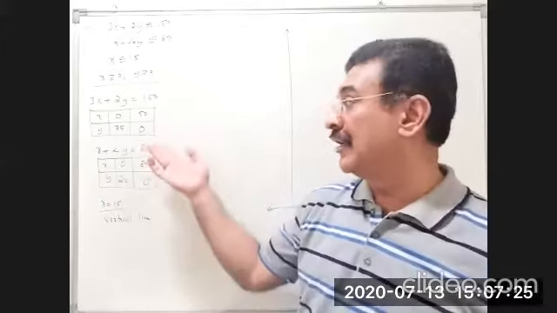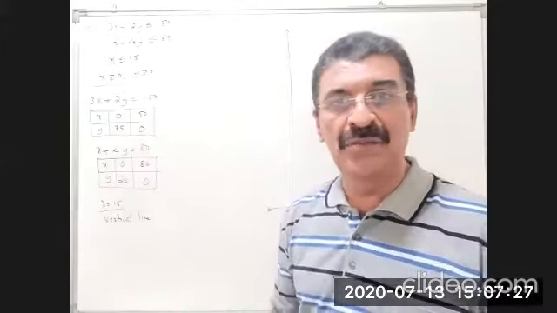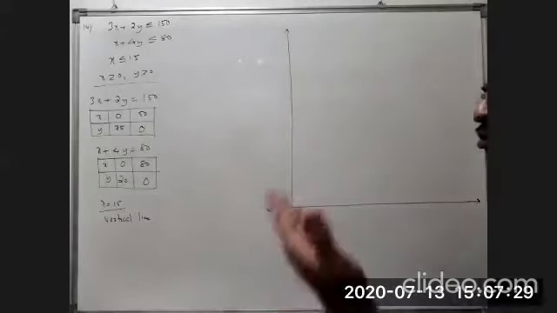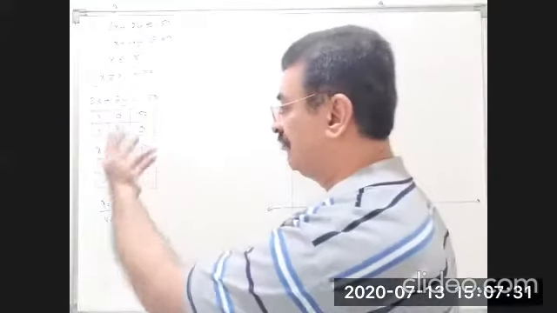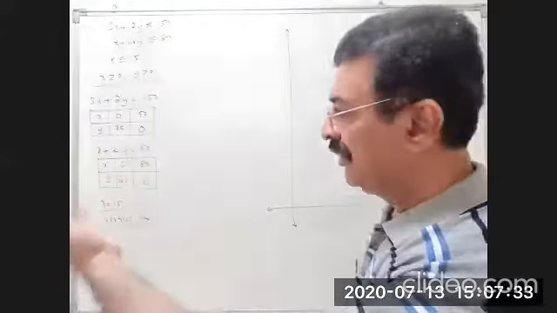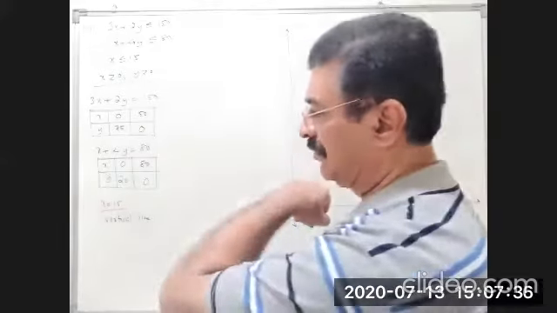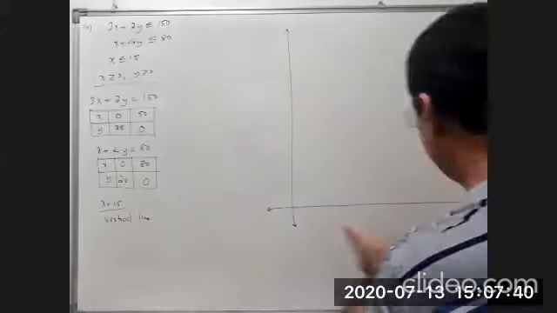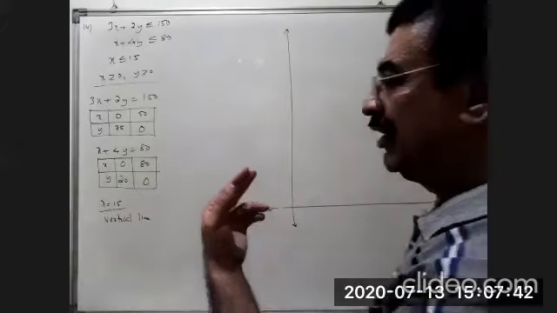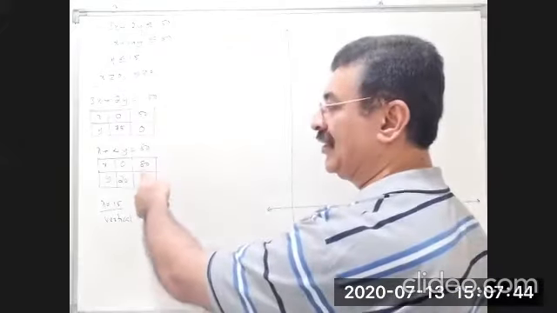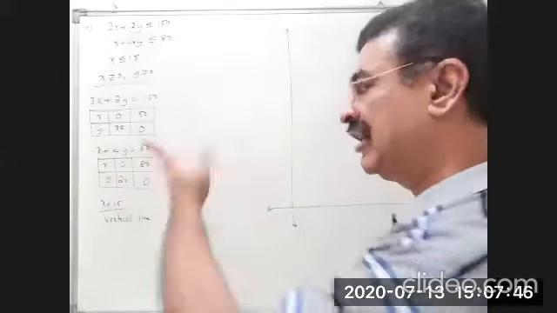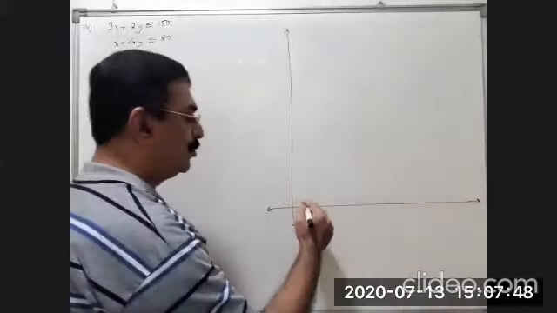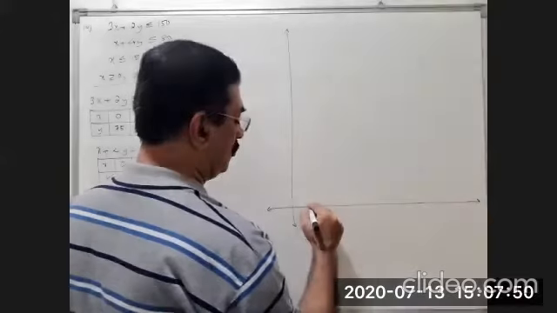Here you know that 1, 2, 3 is not feasible because of 80. So you can take either 1 centimeter for 5 units or 10 units. If you're taking 5 units, you get 16 centimeters. If you're taking 10 units, 8 centimeters. So 10 is better, up to you. So I'm taking 10.